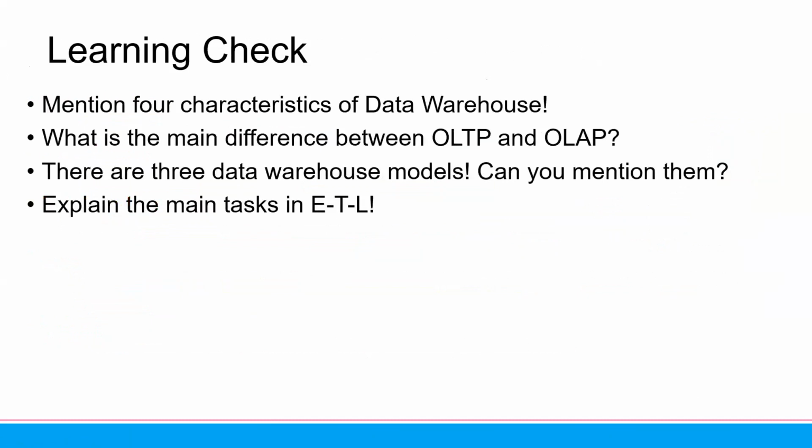Okay. So mention 4 characteristics of data warehouse. What are they? We have subject oriented. And then we have the characteristic time variant.